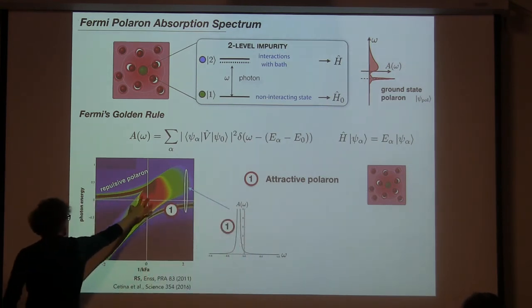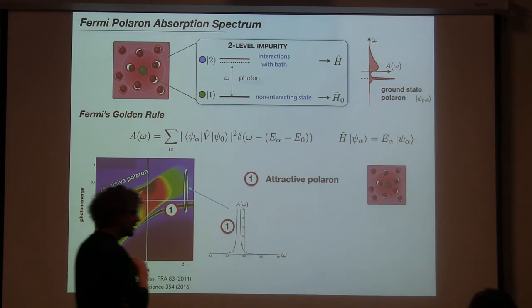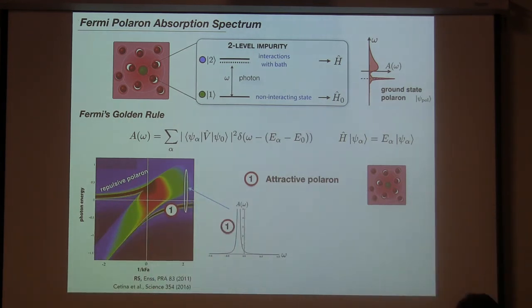In the region which you have shown, there was this peak for the molecule. Yes. So what does the molecule look like in the spectral function? You cannot observe the molecule in the spectrum if you have contact interactions. The reason is the following. The molecule is a little bit problematic to excite in some sense. In the molecule, you would have the state where the impurity should be tightly bound to this object.